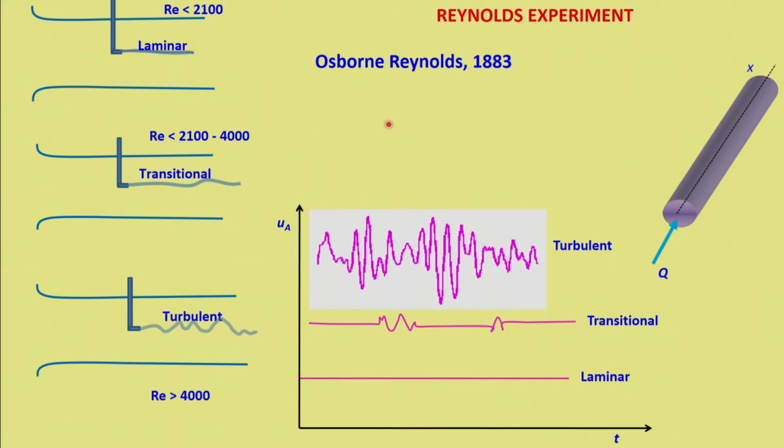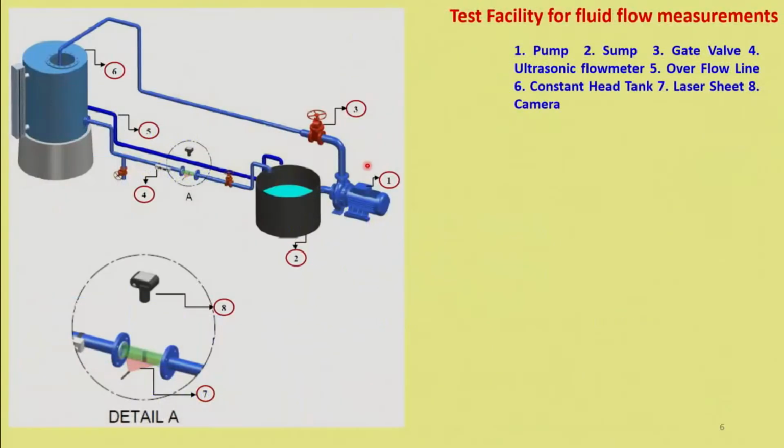Now let us see the next, just a small test facility. This is a tank, and from this tank there is a flow taking place in this pipe, and there is a small bluff body in this pipe. That is, there is a cylinder inserted in this pipe, and this flow is again recirculated back to this tank.